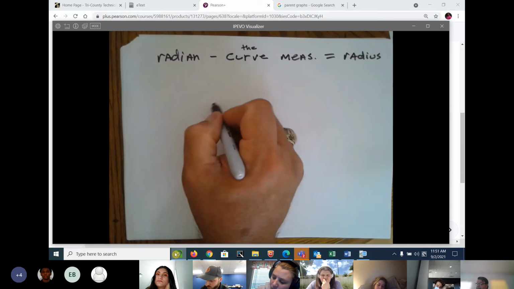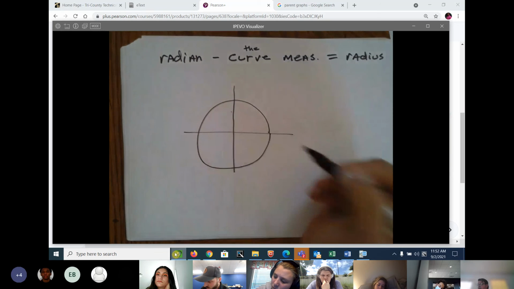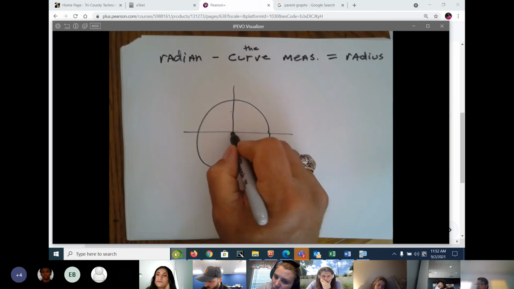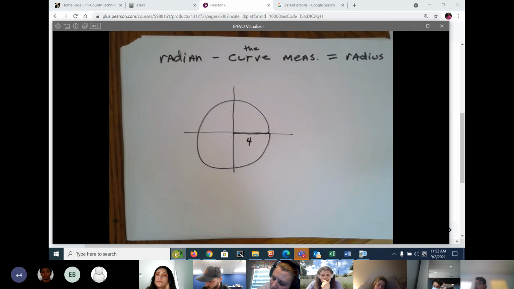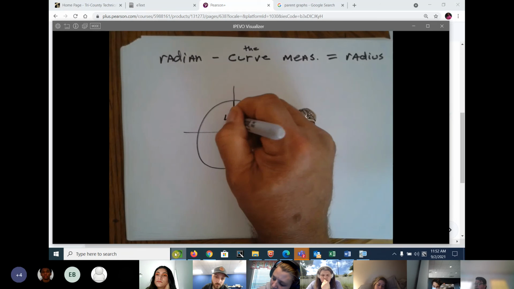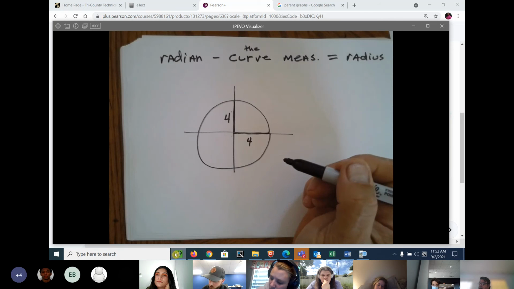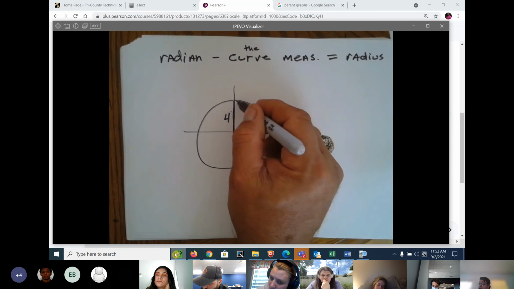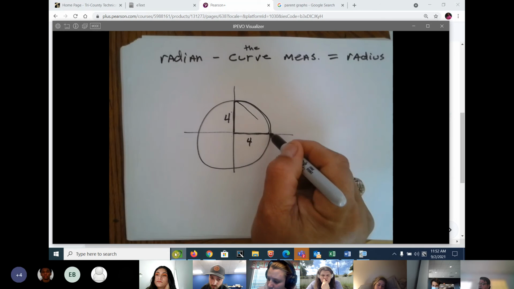Well, I'm going to give you an example of what I'm talking about. Here's a circle. Let's say this radius is 4. This curve right here is going to be larger or smaller than 4?